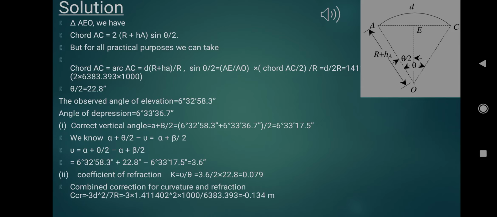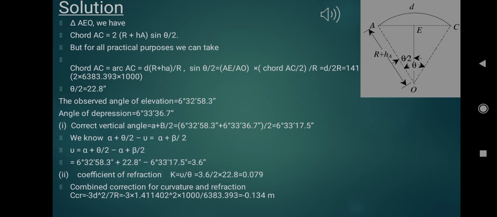Chord AC equals D. So sin theta by 2 equals chord AC by 2 by r, equals D by 2r. Putting the values, 1411.402 by 2 into 6383.393 into 1000, theta by 2 is computed as 22.8 seconds. We don't have to find the theta value here because we require only theta by 2 later.